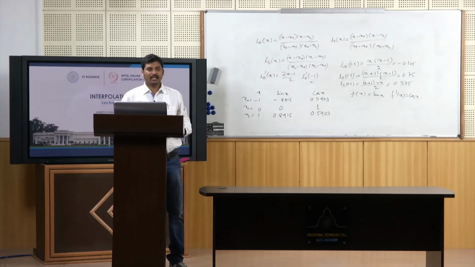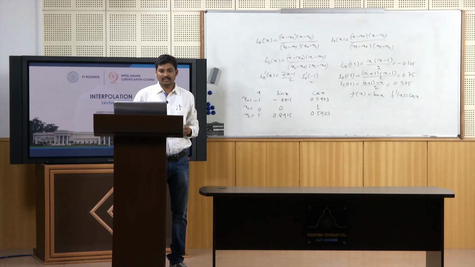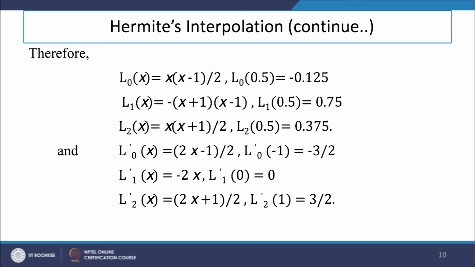Then again L1 dash of 0 if we want to find, that can be written as 0, then L2 dash of 1 if we find, that will be represented as 3 by 2 here.